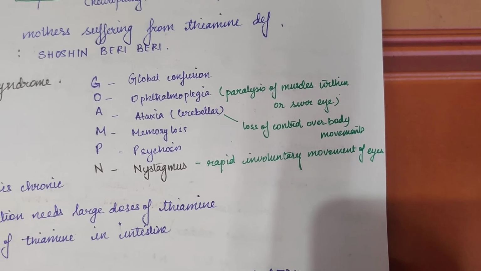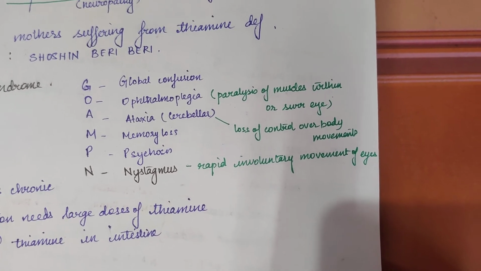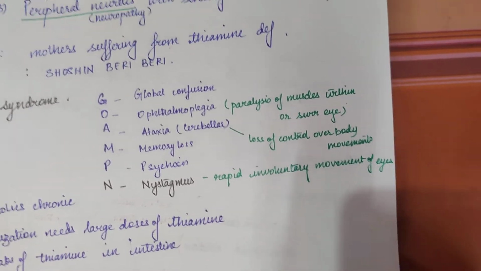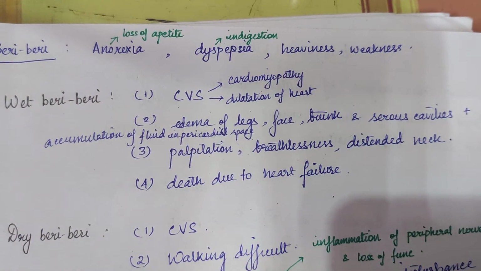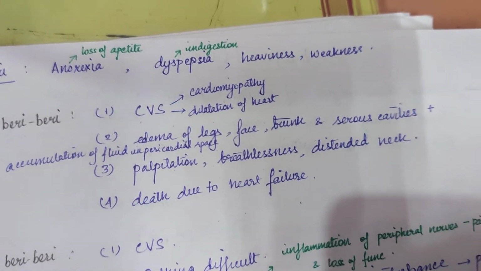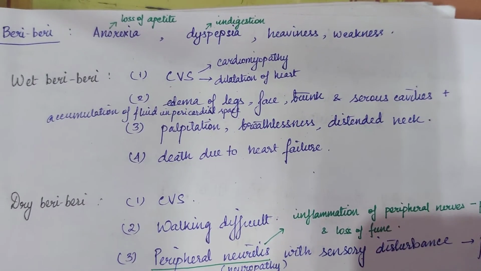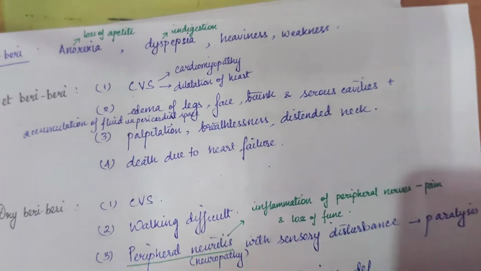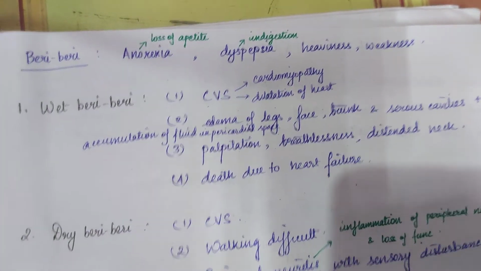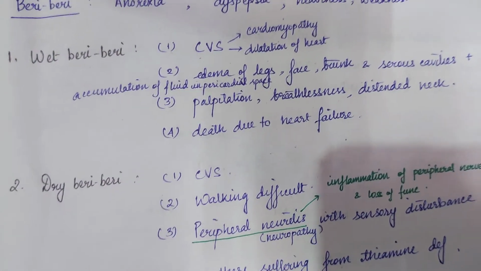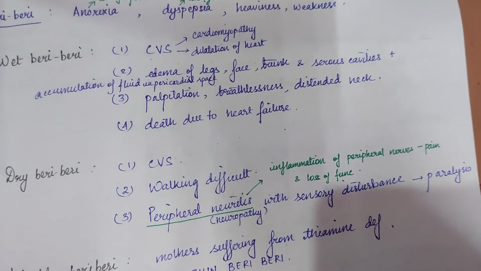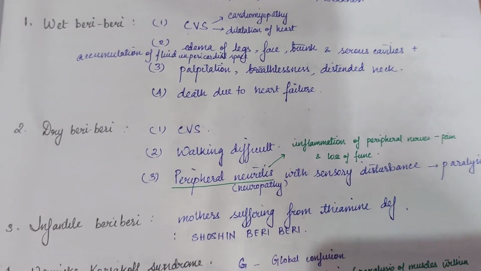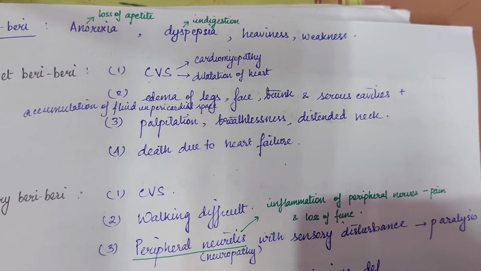One more thing I would like to say: heart palpitations cause breathlessness. So don't get confused, palpitation and breathlessness are related to the cardiovascular system, and that will obviously cause problems in breathing. So the respiratory system will also get affected, but it is actually due to the cardiovascular system.